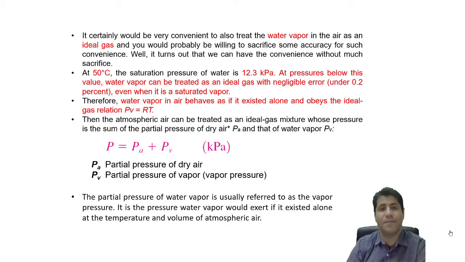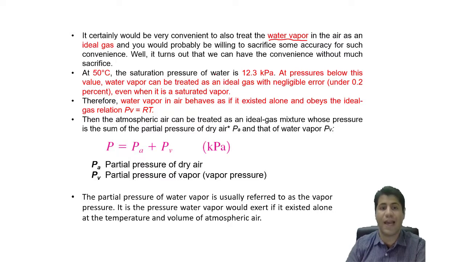To calculate the enthalpy of the atmospheric air, we also need to know the enthalpy of the moisture or water vapor inside the atmospheric air. It will be much easier if we can assume that water vapor also is an ideal gas, with some error.